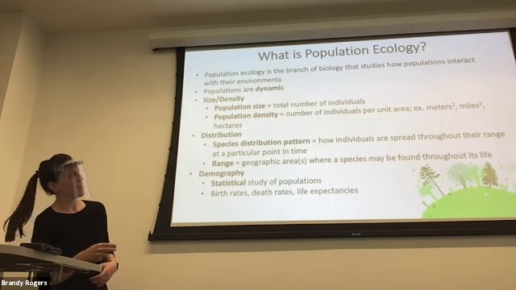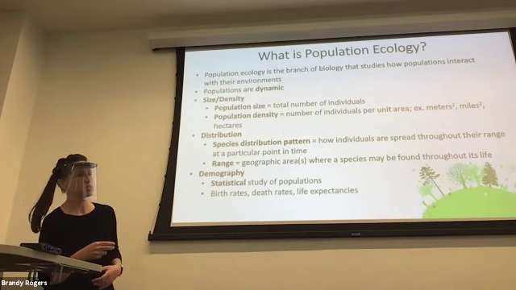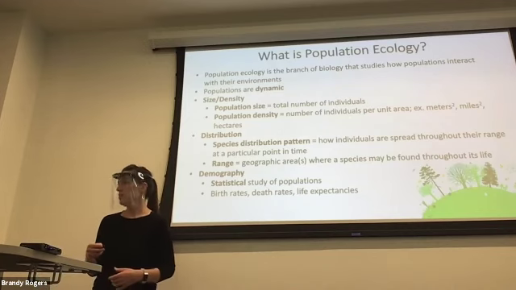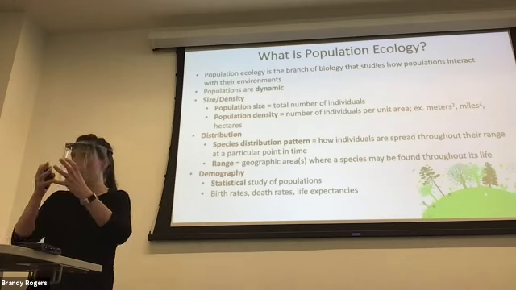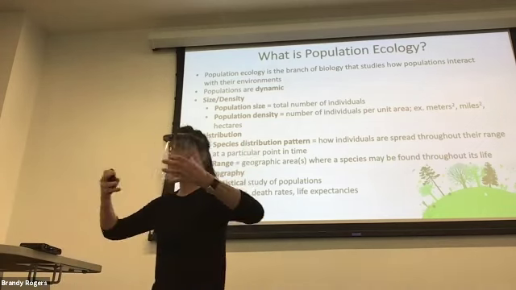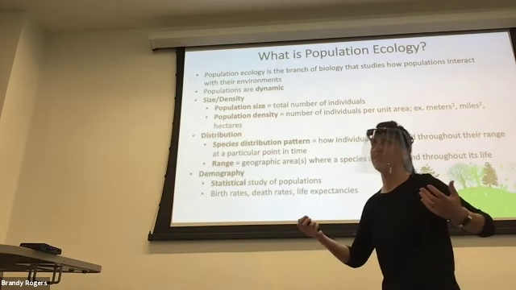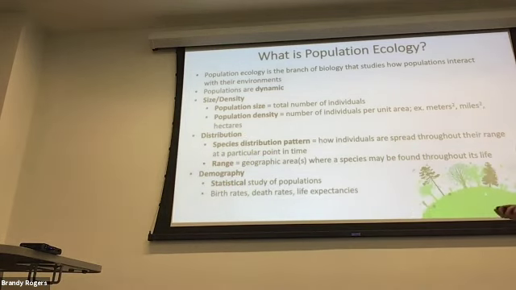So what are we looking at here? You're looking at the number of individuals, but you're also looking at how much space they take up. The density refers to how many are packed in or how many are widespread. Sparseness versus density, which would be the opposite of sparseness. The number of individuals per unit area, how many live in a square meter, a square mile, or per hectare, it doesn't matter. You're just talking about a unit area.